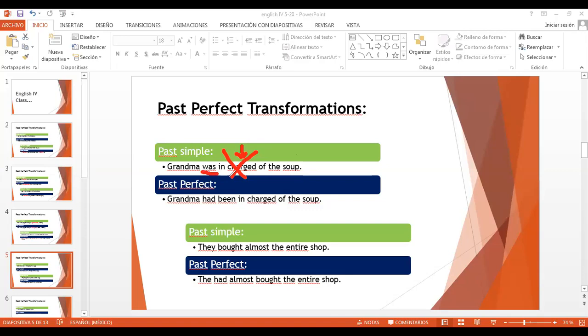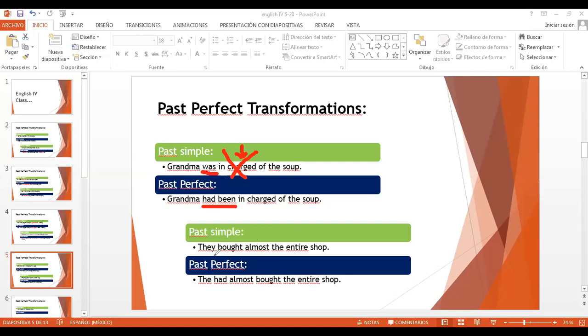So, grandma was in charge of the soup. En past perfect sería grandma, en vez de to be, que es is, had been in charge of the soup. It is the same, es exactamente lo mismo. Una vez más, solo detectamos la cláusula que cambia. El was, como es be, cambia a had been.